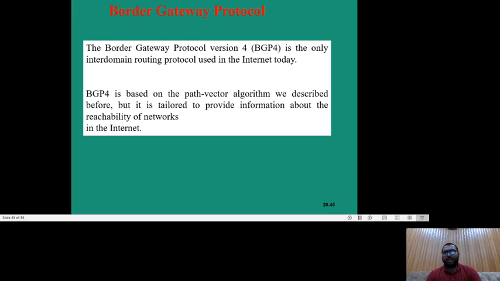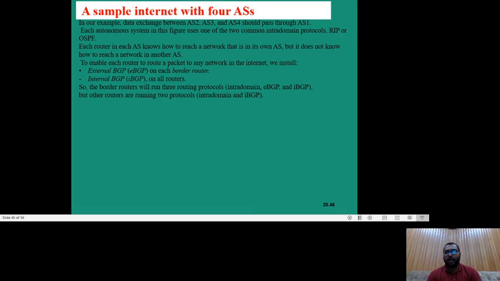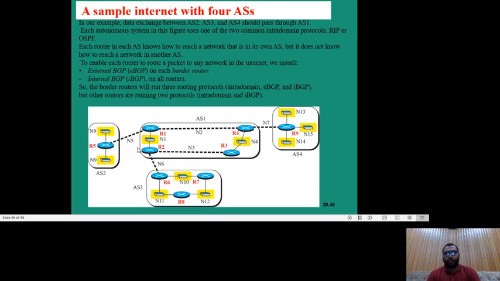and it is based on the path vector algorithm, which we described yesterday, but it is tailored to provide information about the reachability of a network, whether that network in the internet is reachable or not. When we see the overall structure, assume that we have four autonomous systems connected with different routers.